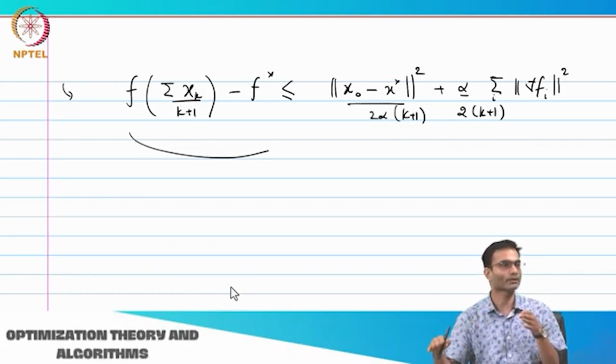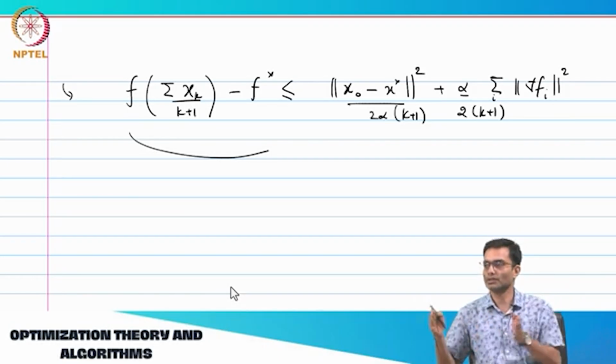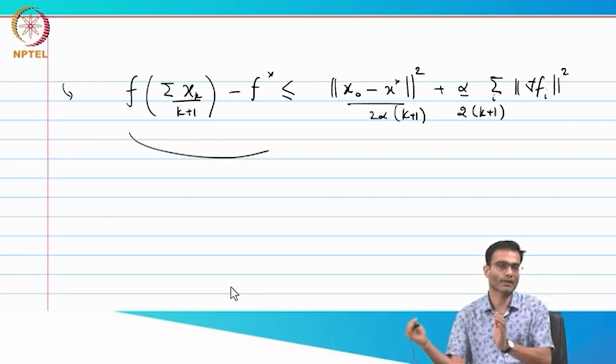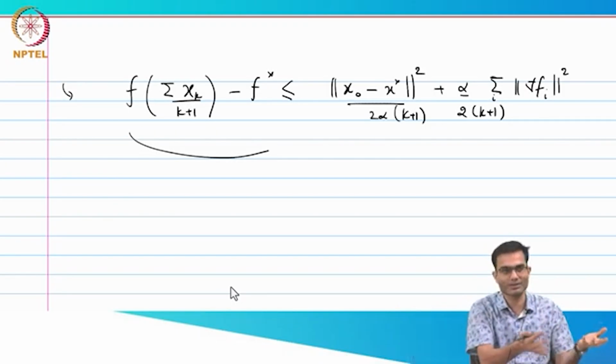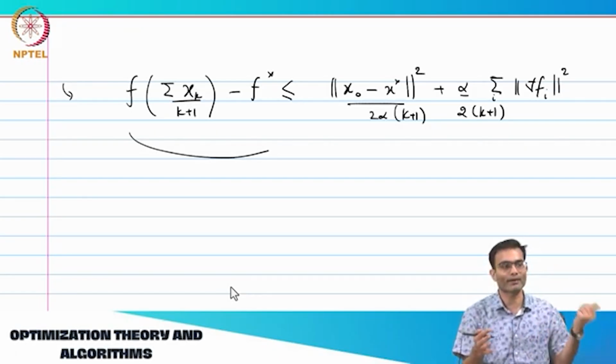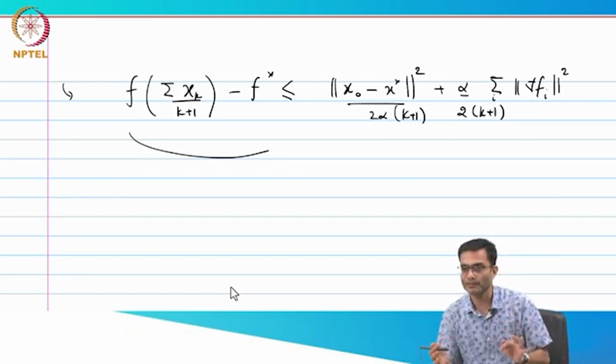This term will also die as k gets large. So I'm adding smaller and smaller things. The net result is the right hand side is going to be some finite number which keeps decreasing, right? So this proof, which is relatively simple compared to other proofs in the literature, is saying that the average of the iterates is converging to the correct function value.